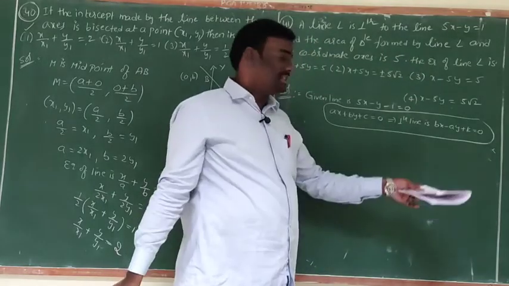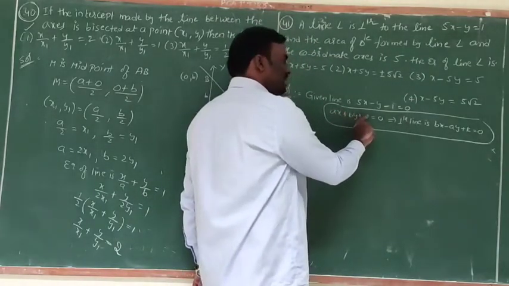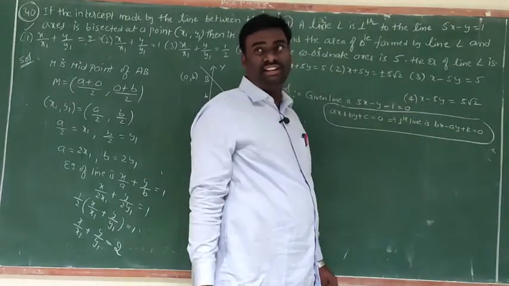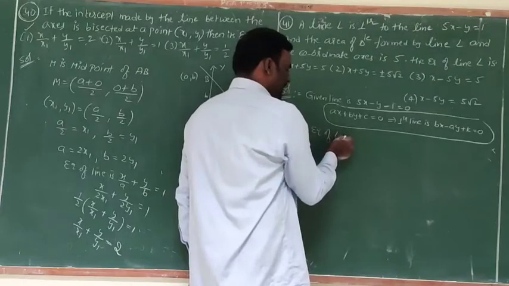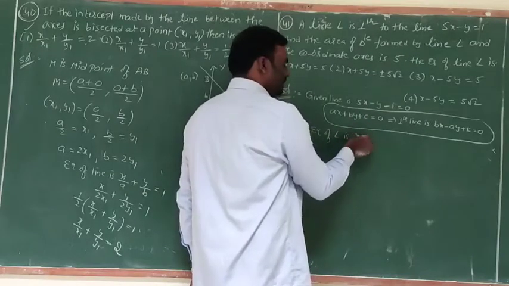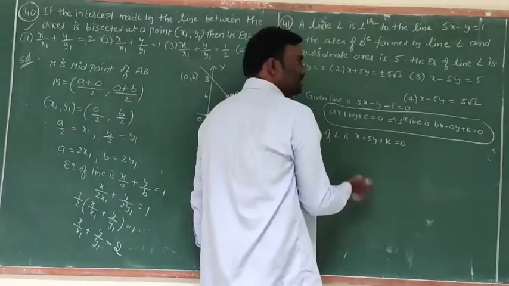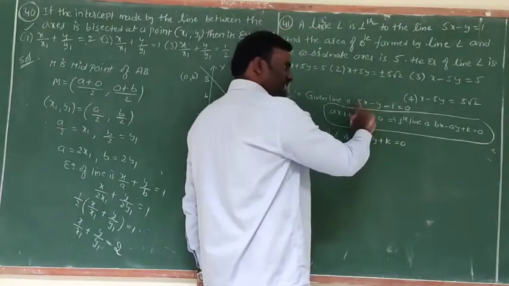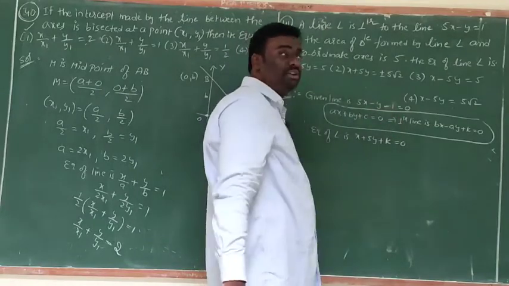I am applying this concept. Just you need to change the coefficients and change the sign. In place of c, you take another constant, that is k. Now equation of L is x plus 5y plus k equals 0, because the y coefficient 1 will come for x, the x coefficient 5 will go for y, and in place of the constant we need to take k.